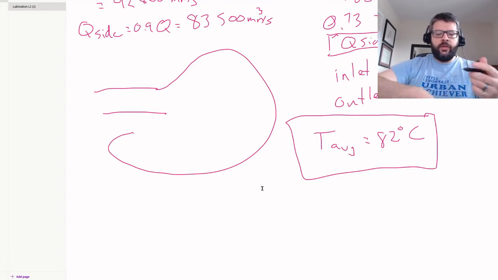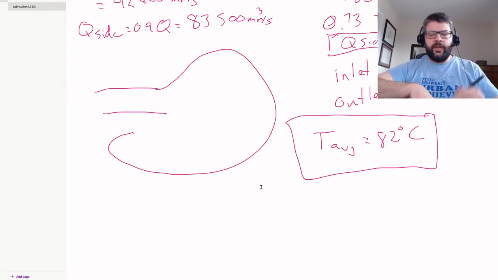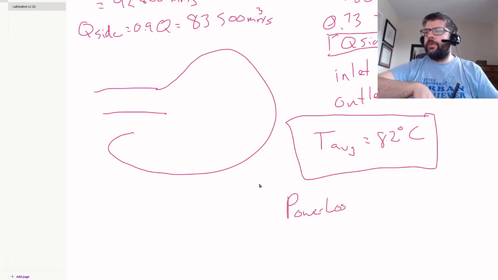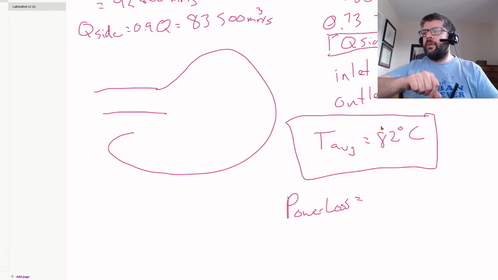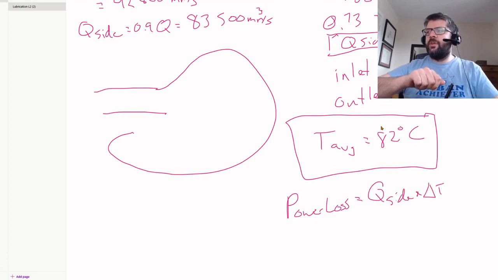So the power dissipated, the power loss, is going to be equal to the side flow times the temperature change times the specific heat capacity.